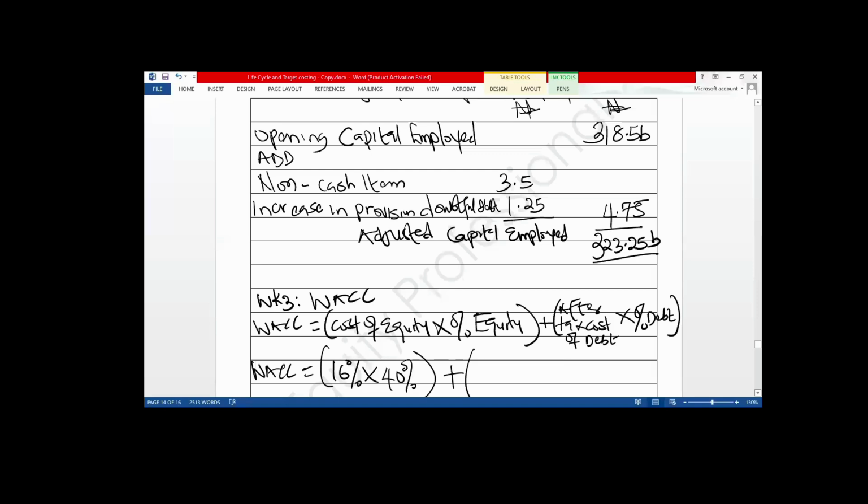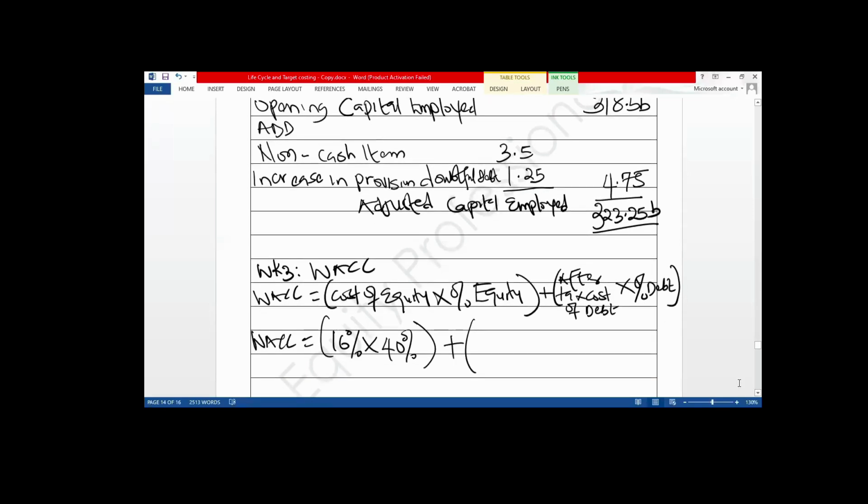What is the cost of debt you are giving in the question? Sorry, the debt is pre-tax of 5%. So the pre-tax is 5%. Now calculate after tax. To do that, you can do it here: 5% multiplied by (1 minus the tax rate, 0.25).